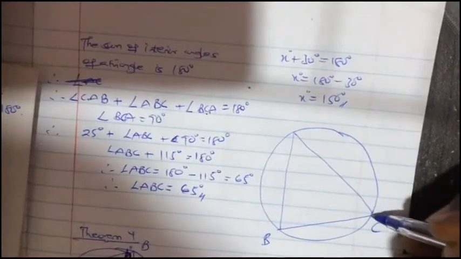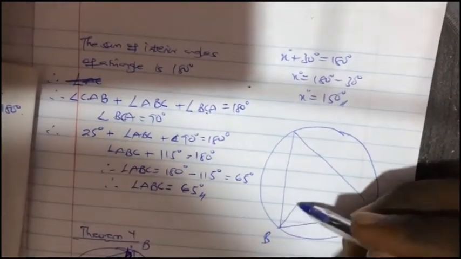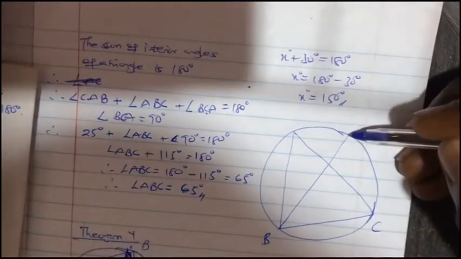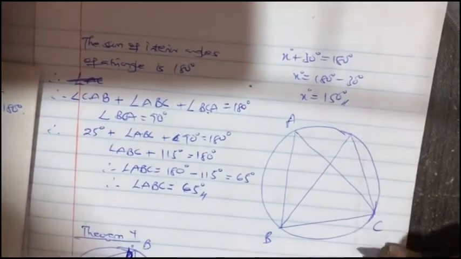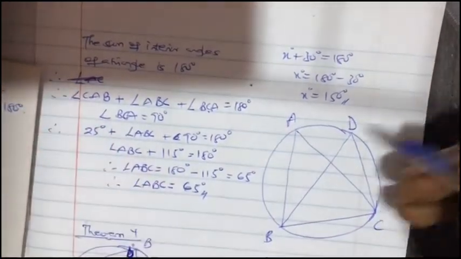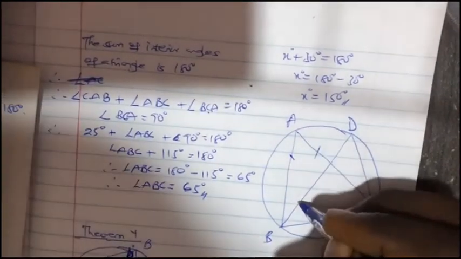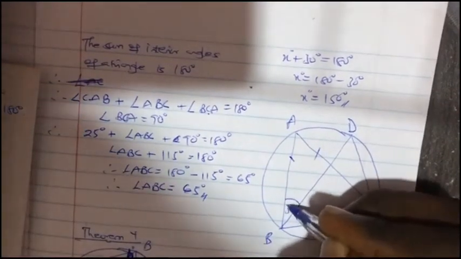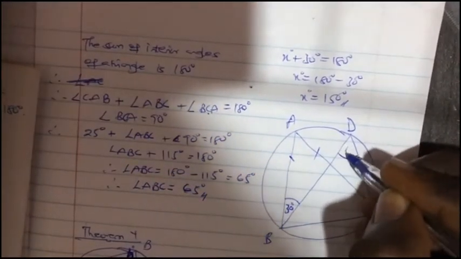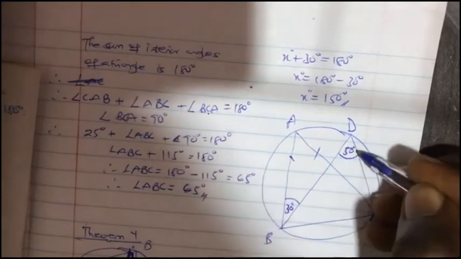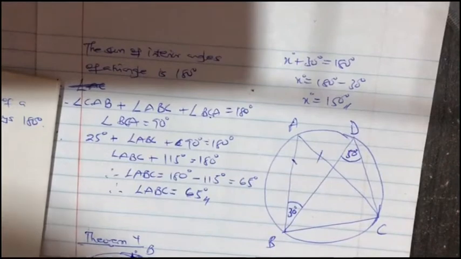So this is A, B, C, and obviously this one will be D. Let me finish the drawing. When you're given a diagram, you have to make sure you understand every bit of it.